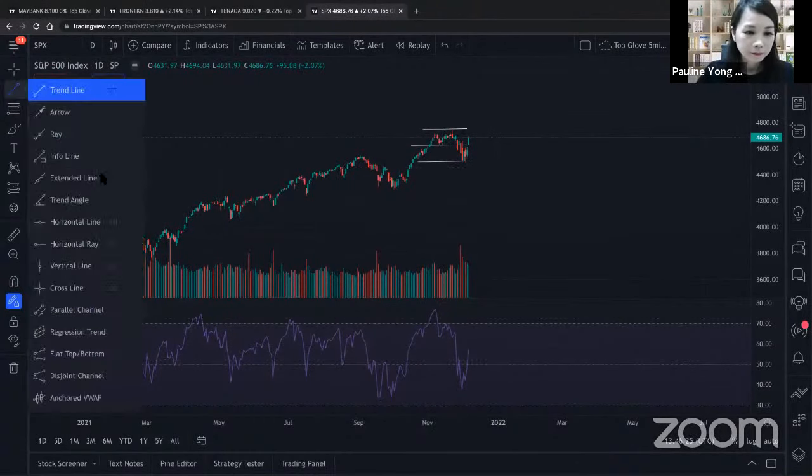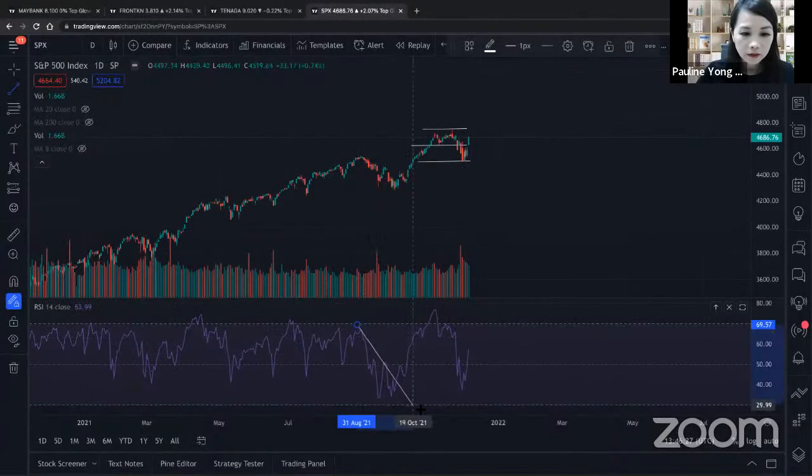For example, you see there is a breakout here. I touch here, and then there's a breakout here. Do you see that this breakout is also a buying opportunity?